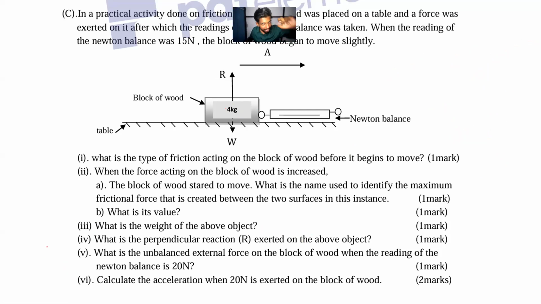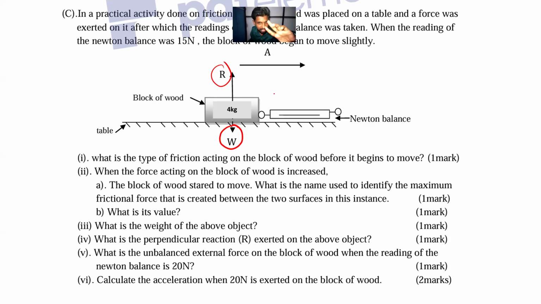Now, the second question, the fourth one. They are asking the perpendicular reaction. You may ask, what do you mean by perpendicular reaction? Here, if there is weight, there is an equal and opposite reaction.